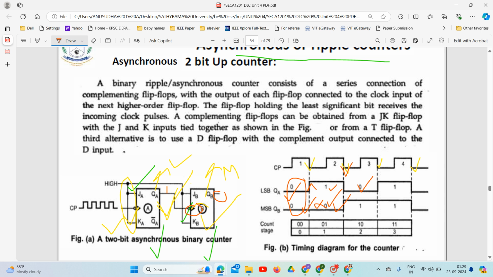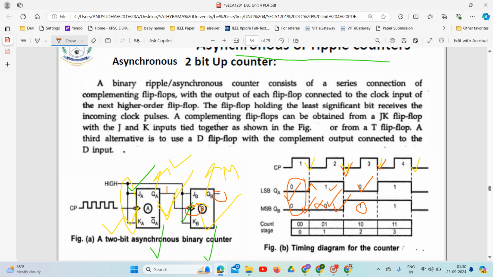Now my QA output is shifted to QB, so QB toggles because now it is a falling edge after the second clock pulse. For the third clock pulse, at the falling edge of the clock pulse, my previous state is 0 and my current state is 1.